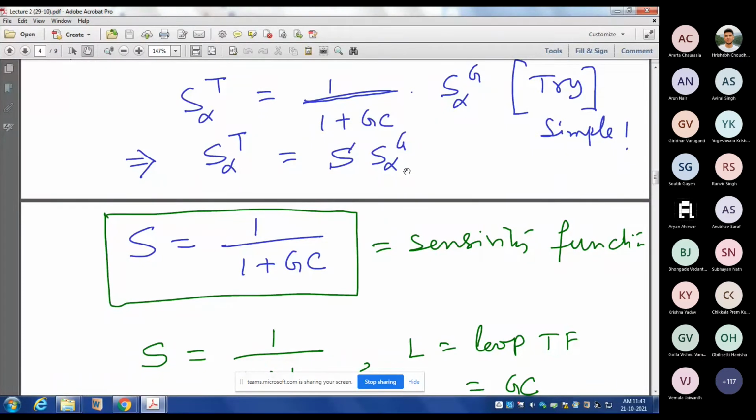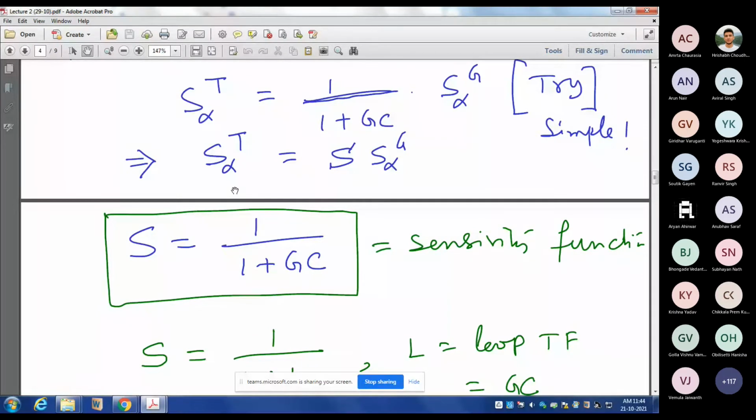So what is the use of feedback then? Using feedback, even if the open loop sensitivity is high, you can make the closed loop sensitivity low by lowering S. If you can make S as low as possible, then you can reduce the closed loop sensitivity.